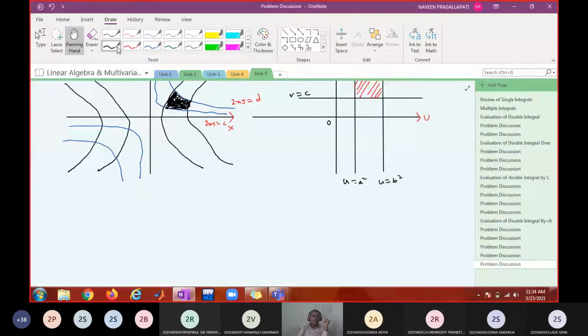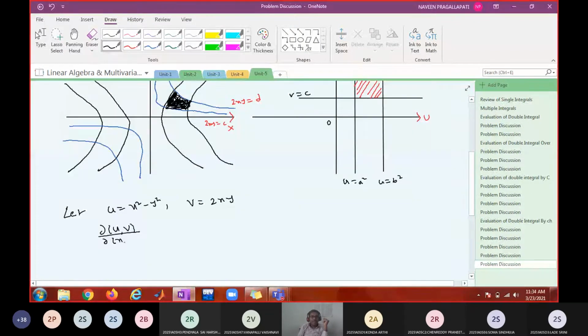Okay. So we assume that u equal to x square minus y square, v equal to 2xy. Then find out dou of u comma v by dou of x comma y. See, this is u_x, u_y, v_x, v_y. So what is this? 2x, minus 2y, 2y, 2x.